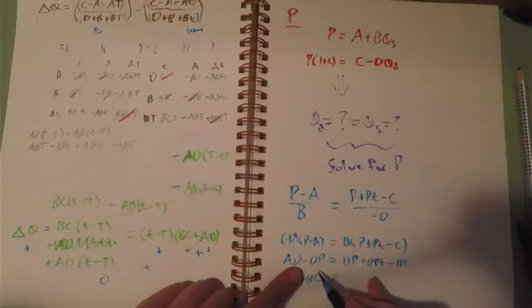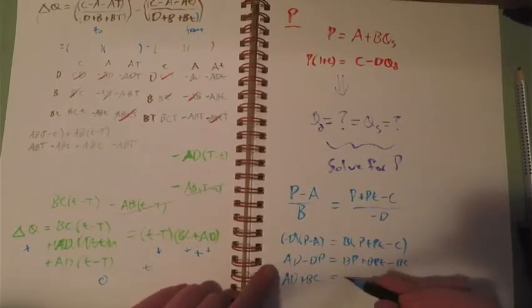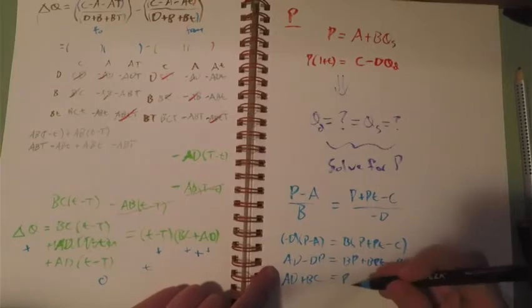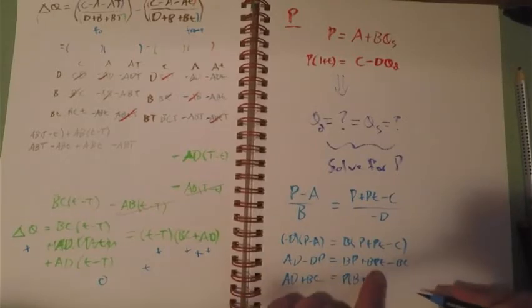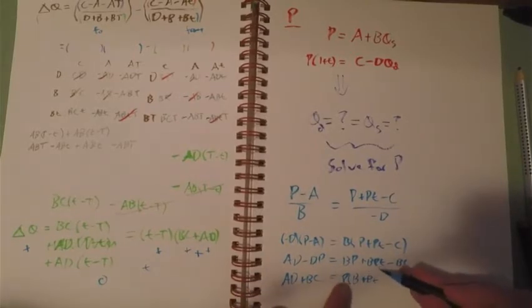We're going to add DP to both sides, so let's just go ahead and factor out the P right off the bat. B plus BT, there's that P pulled out there.